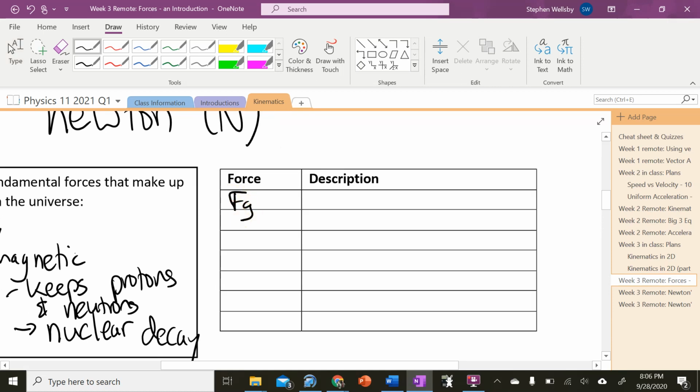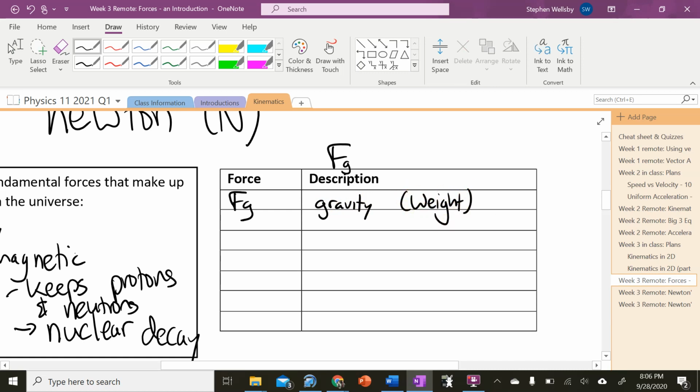Whenever we're talking about a force, we're always going to use the capital F to indicate it's a force. But then we're going to put a lowercase subscript letter, and that letter indicates what type of force it is. So all of these F's are types of forces, and the subscript gives you an idea of what force we're referring to. So Fg is gravity. This is also known as weight.